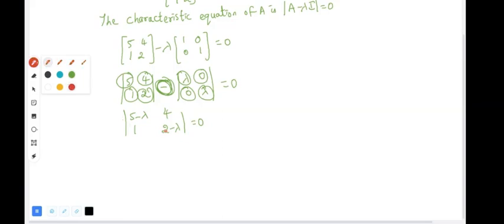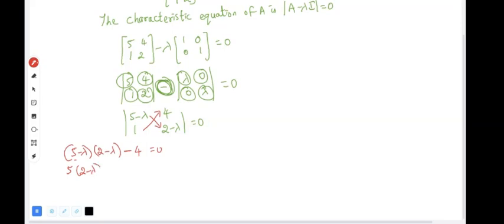So we will be simplifying the determinant, that is 5 minus lambda cross multiplication into 2 minus lambda. So always a minus sign is there when we are multiplying the determinant. So it is 1 into 4 will be 4, equals 0. Here we take the first term with the second bracket, second term with the second bracket, minus 0 minus 4 equals 0.